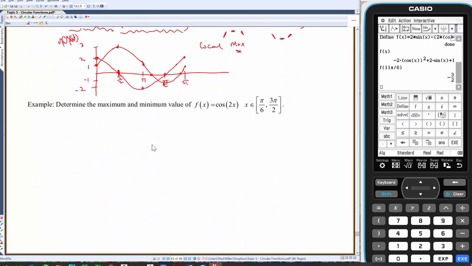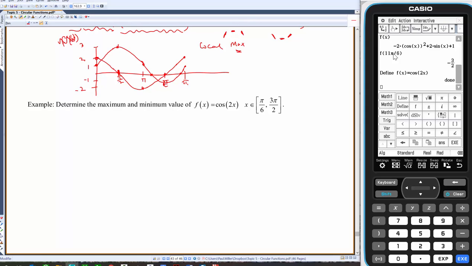All right, this one here will be a little bit more accessible, shall we say. All right, we've got f of x equals cosine 2x. Now this is the classic question, and often it is tech active. So I'm just going to show you what many students will do on this. Define f of x equals cosine 2x.